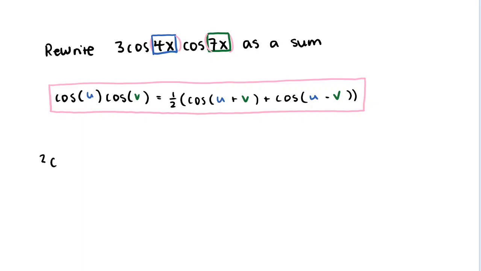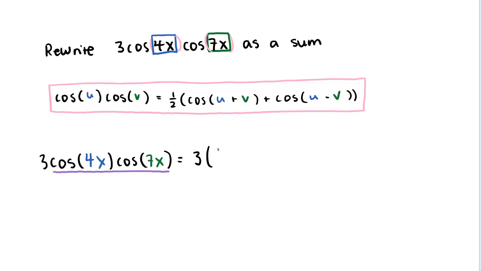So we have 3 times cosine of 4x times cosine of 7x. And we have an identity for this cosine of 4x times cosine of 7x. So let's rewrite this so that we have 3 multiplied with the result of rewriting our cosine product.